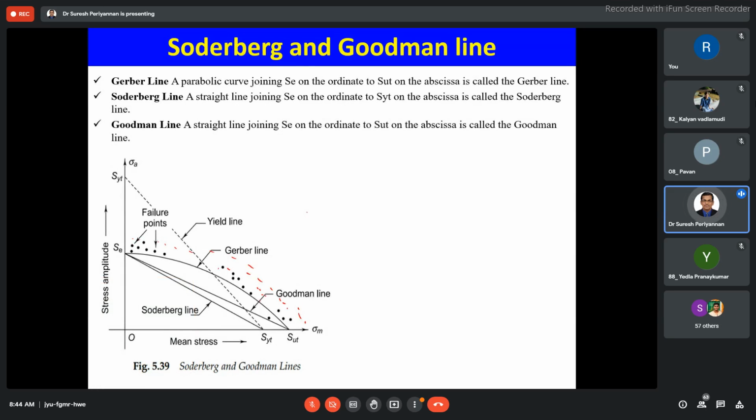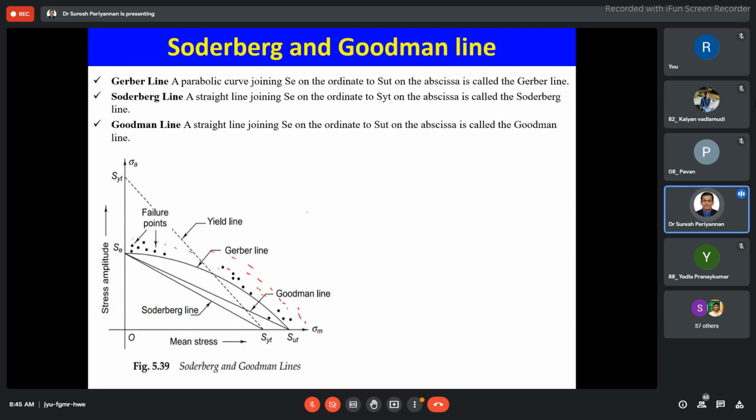Hence, Soderberg, Goodman and Gerber found some concepts, based on which we define the safe region from the diagram, and we have to follow that region only for the design of the component.